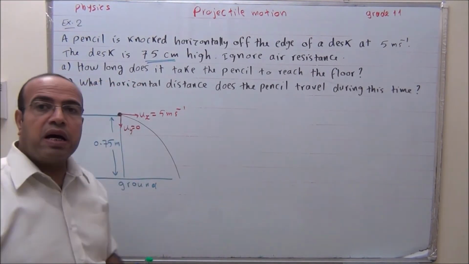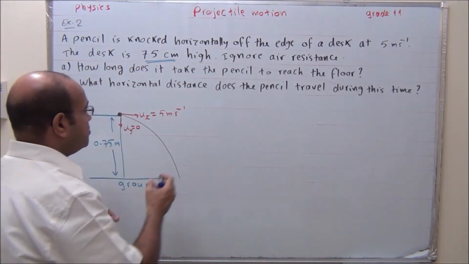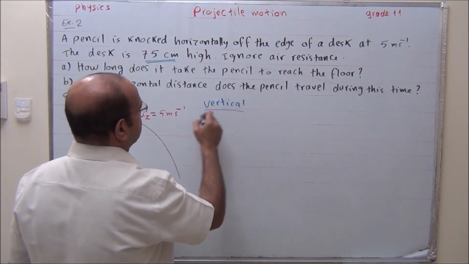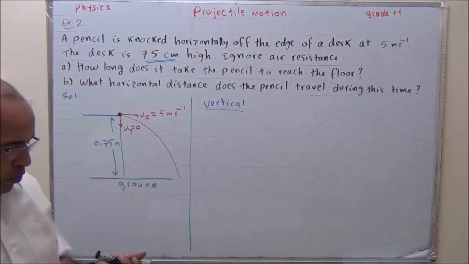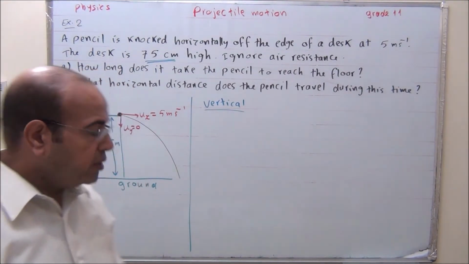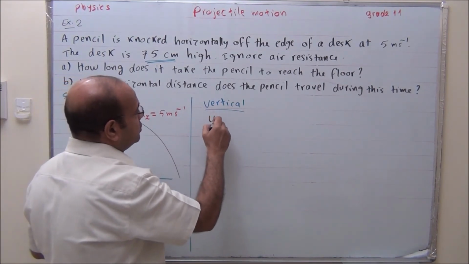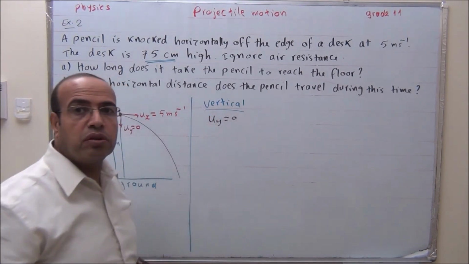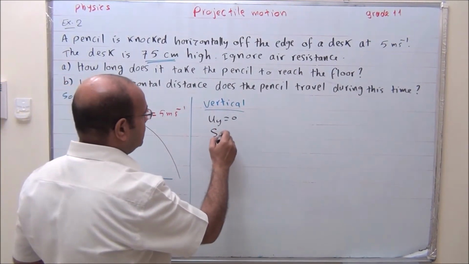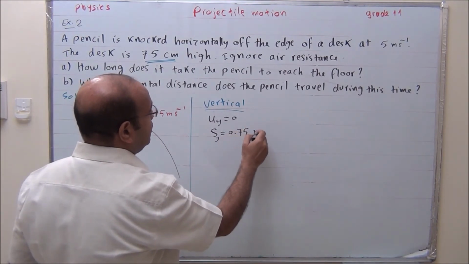We start with the vertical motion. What do we have given in the vertical motion? Vertically we have uy, the initial velocity in y-axis, which is 0. Also we have the displacement, s in y-axis, which is 0.75 meter.